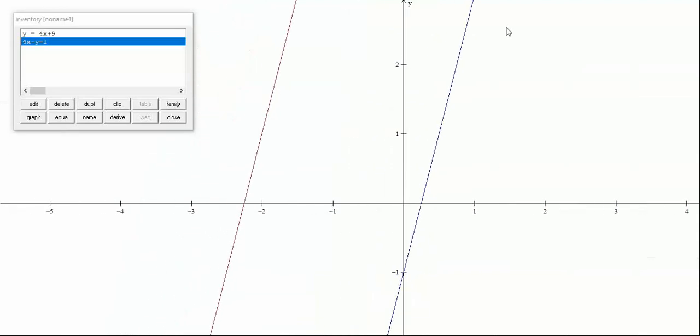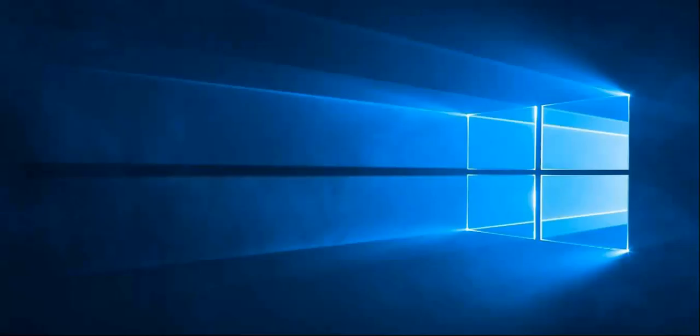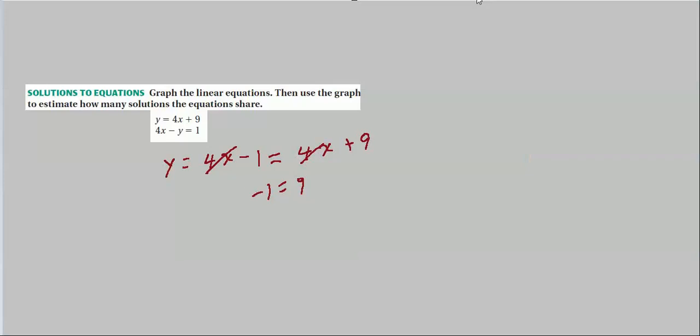And that makes sense, because we determined algebraically that setting these two equal makes no sense. There is no point at which both of these equations can hold. And we can see that from the fact that the two lines turn out to be parallel.